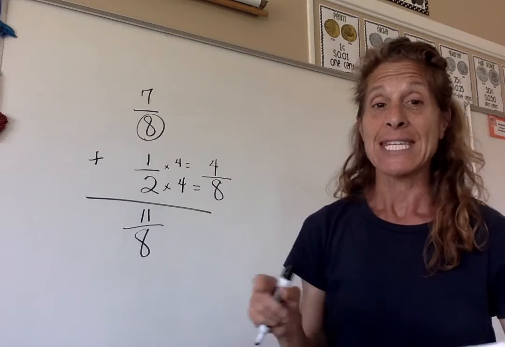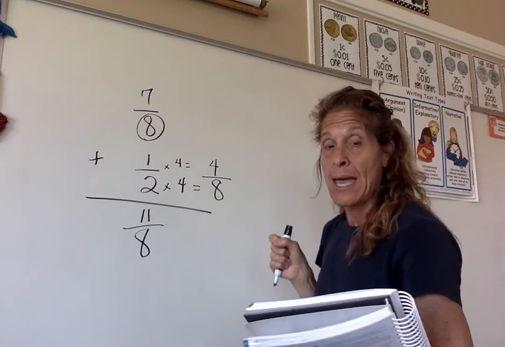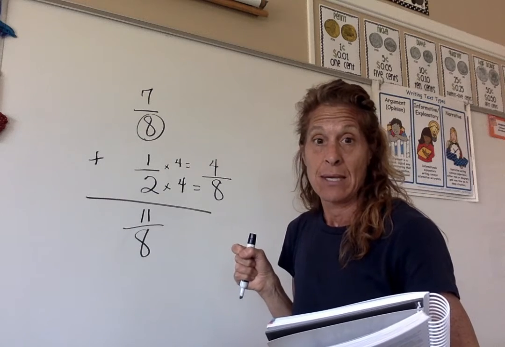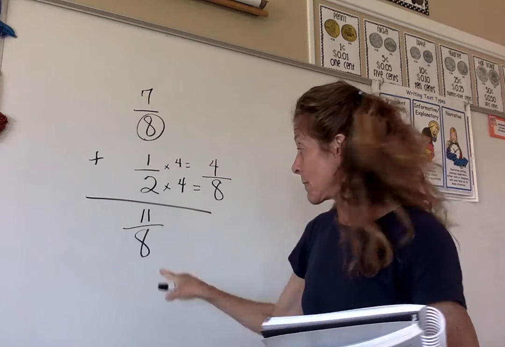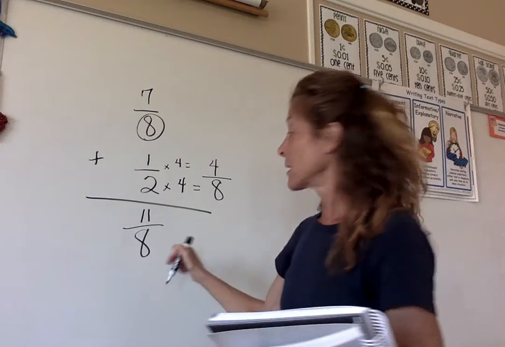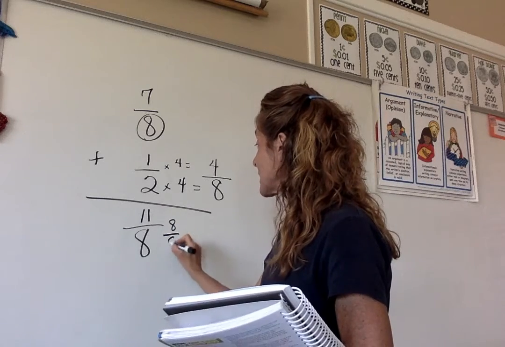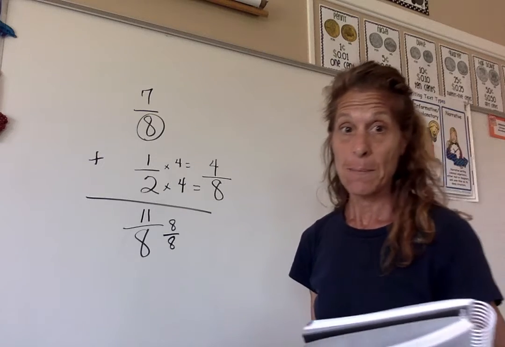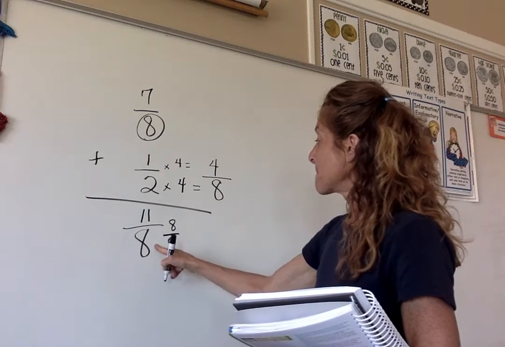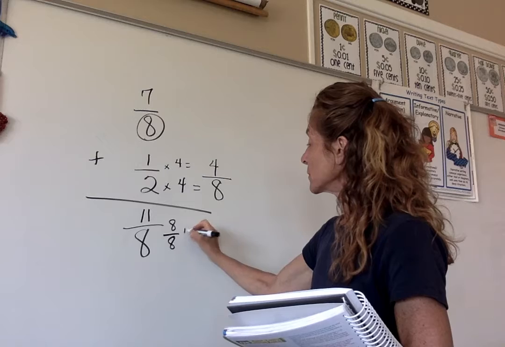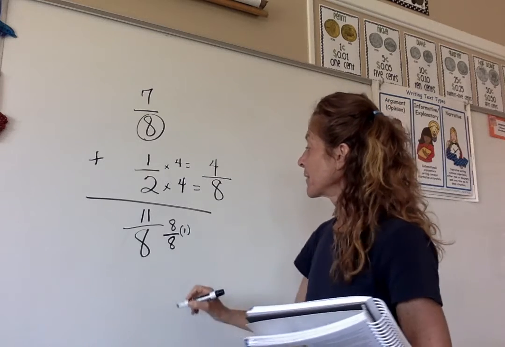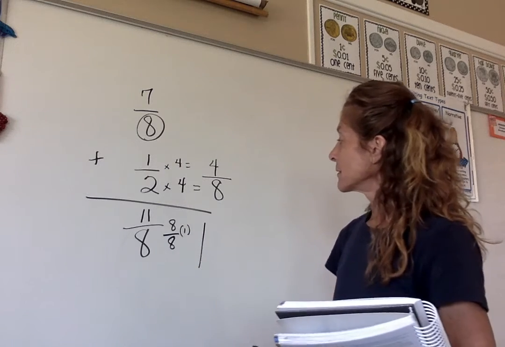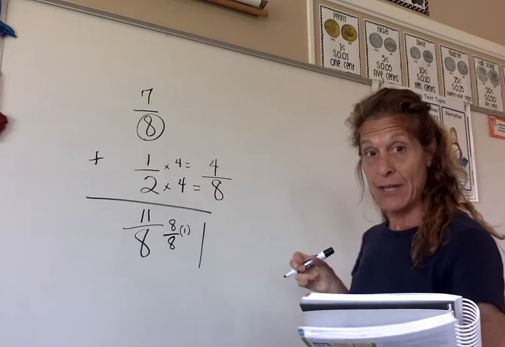So I'm going to take 1 whole out of this fraction. And how do I do that? What's my denominator? 8. So I can take 1, okay? So here's my 1. I just took 1 out of there.